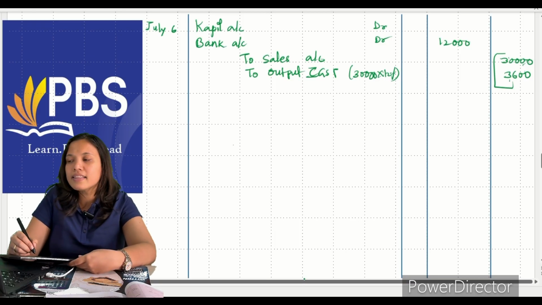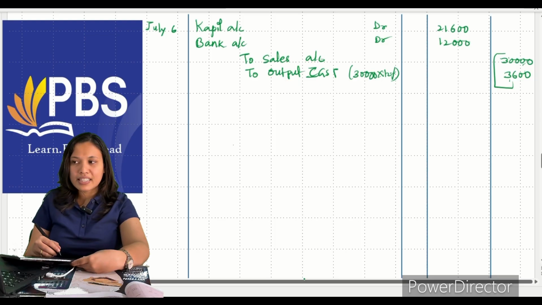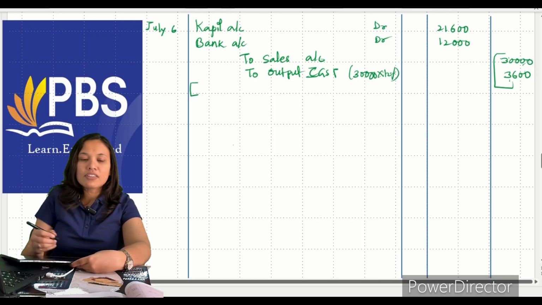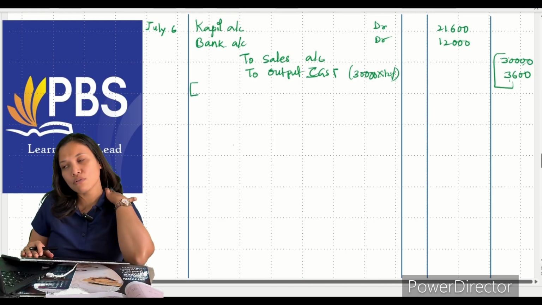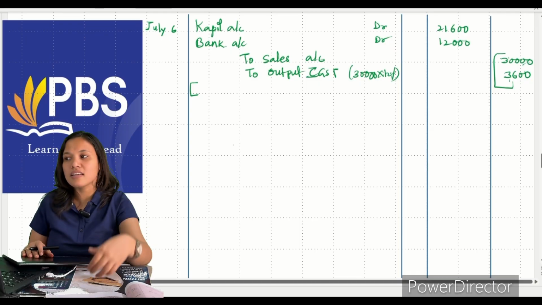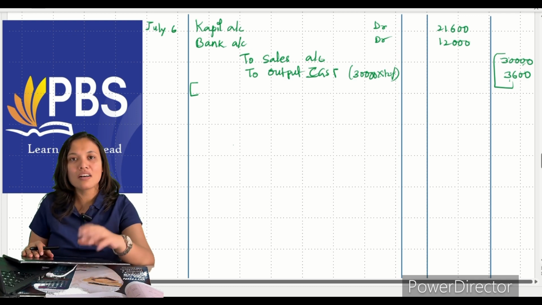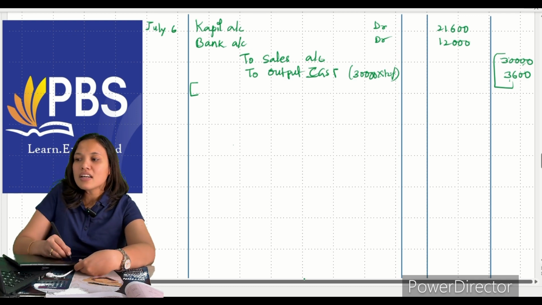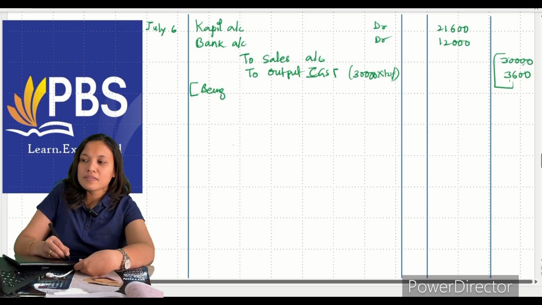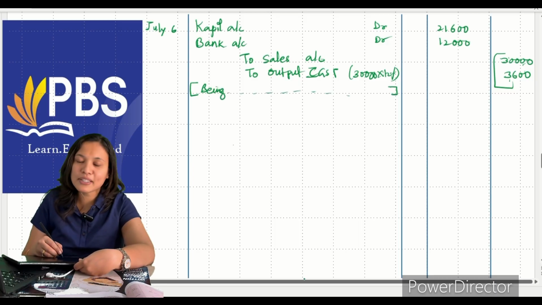Out of this, 12,000 is received, so balance will be 21,600 to be received. Please write down the narration: Being goods sold to Kapil, IGST charged at 12%, 12,000 received immediately. The rest is to be completed by you.